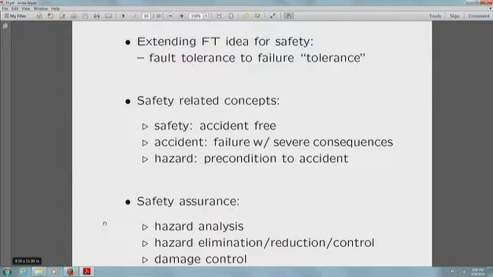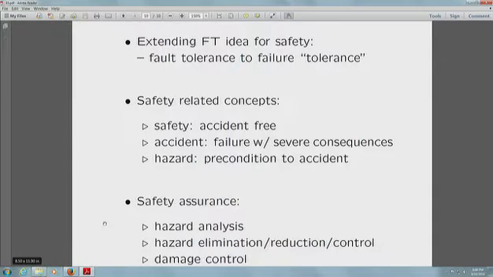For example, the air traffic control system is a safety critical system, because if it's malfunctioning, then you may have a traffic accident. The autopilot system is another, and so is software for medical equipment controllers, such as radiation therapy.